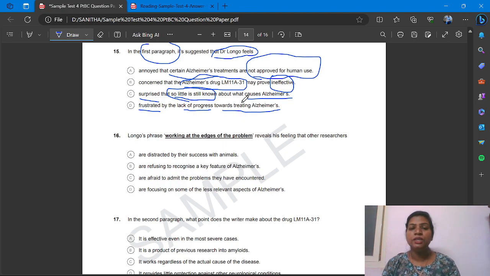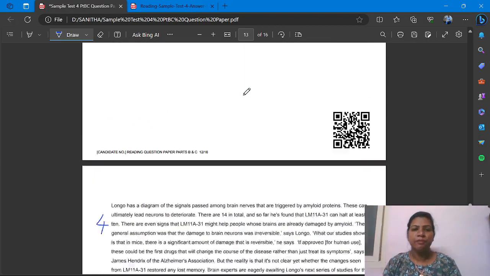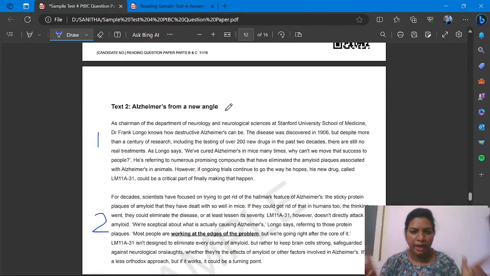Then go to paragraph 1 and read it. When you are reading the passage, you have to understand it and articulate it in your mind. Don't read very fast.